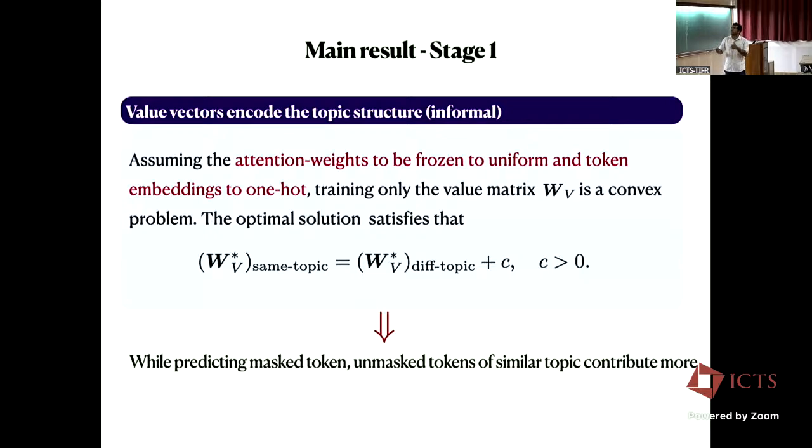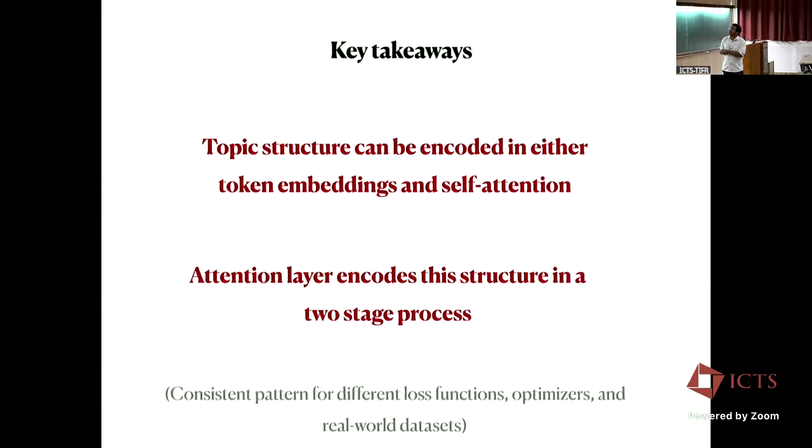So it's always strictly greater, and you can show this using gradient descent analysis. The final takeaway is that this kind of topical structure could be encoded in both the token embeddings and self-attention, and they show how the attention layer encodes this in a 2-stage process. This is the overall takeaway from the topic models.